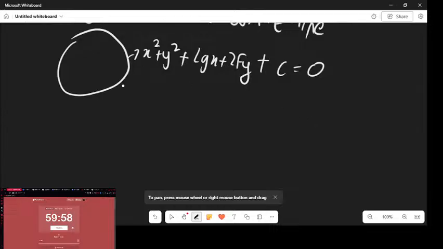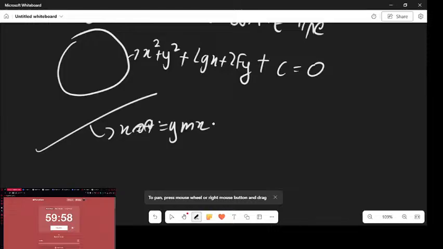And if this is a line, y is equal to mx plus c.